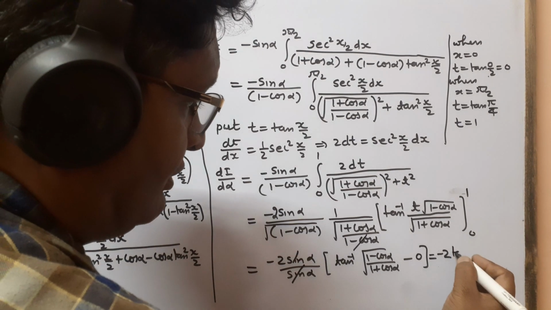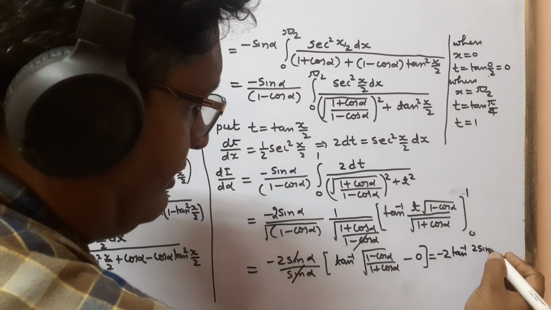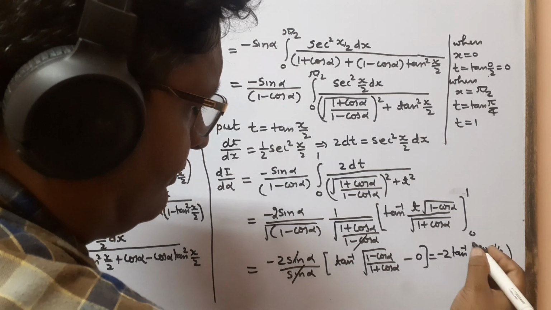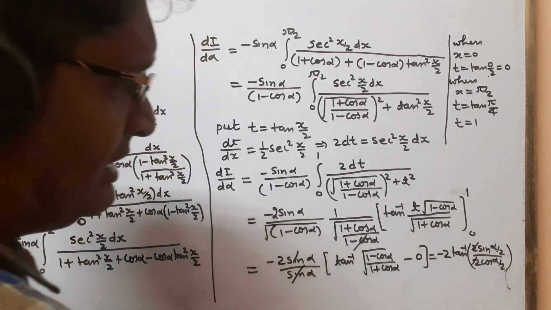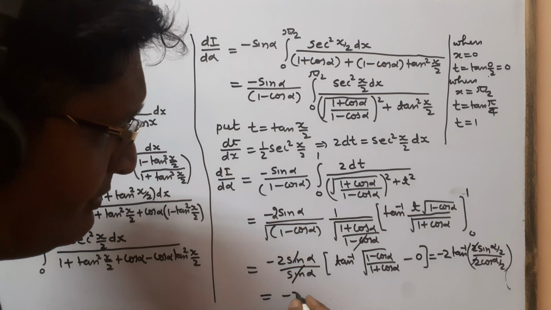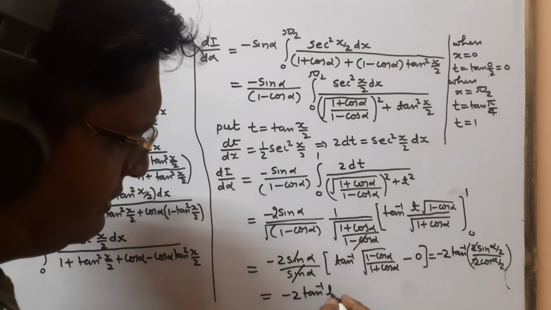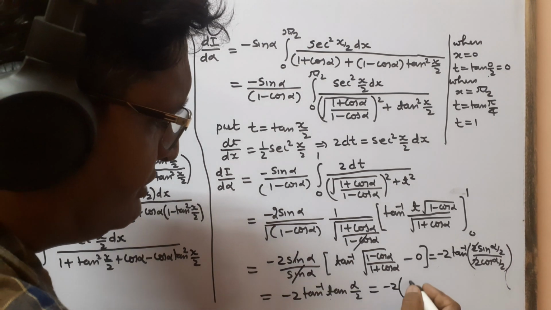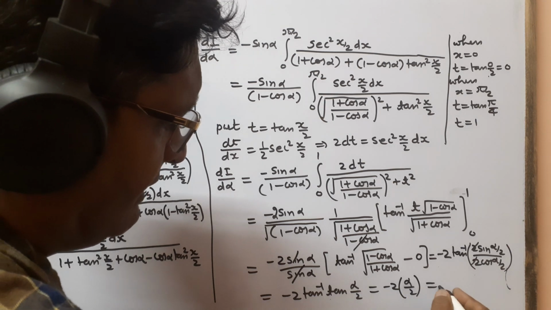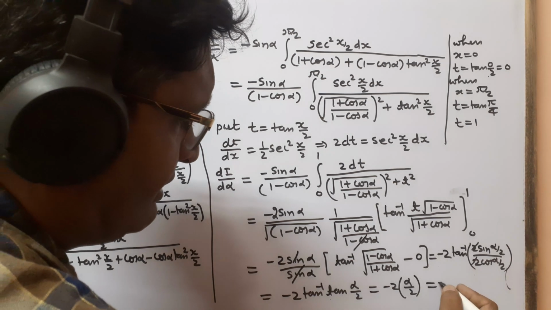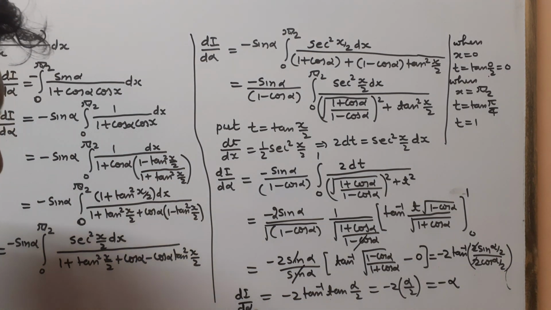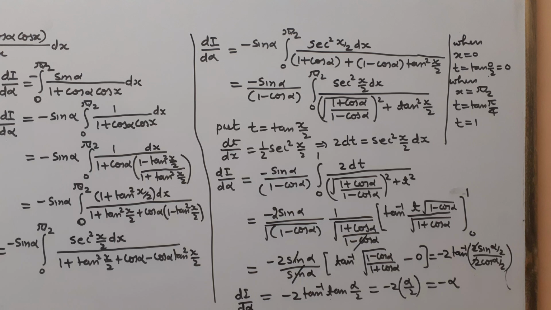So here we write tan inverse of 2 sin alpha by 2 divided by 2 cos alpha by 2. So this 2 cancels out. Here we can write minus 2 tan inverse tan alpha by 2. So this can be written as minus 2 multiplied by alpha by 2. So 2 cancels out, so this is minus alpha. So dI by d alpha is equal to minus alpha.